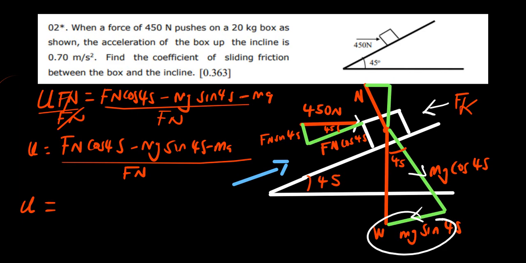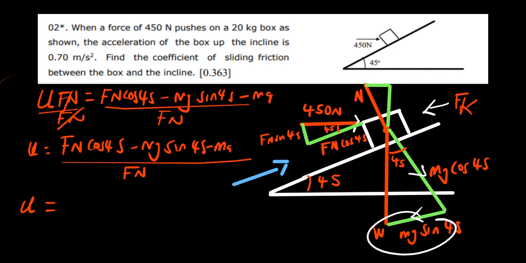What is the force in the other direction? What is our Fn? Because it's in this direction, it's the force, so it will be ma. But in terms of weight it will be mg.